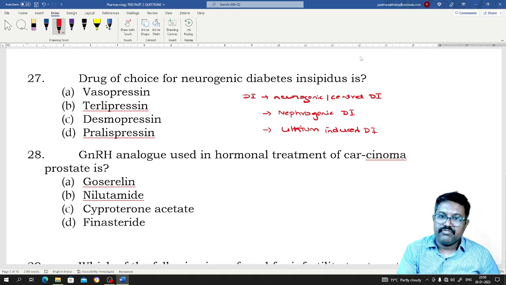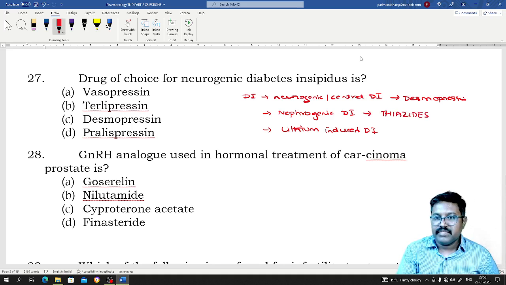So what will be the drug of choice in case of the neurogenic or central diabetes insipidus? It will be your desmopressin. Whereas nephrogenic diabetes insipidus, the answer is your thiazides.